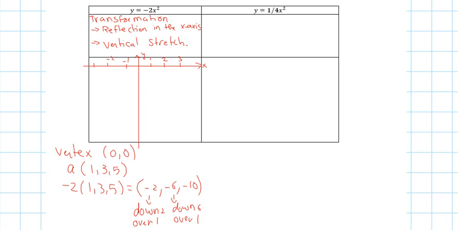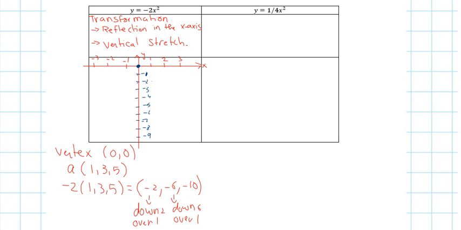Where's my vertex? 0, 0. Then it tells me I have to go down 2. So from the 0, 0, that's 1, 2 over 1. So I'm going to end up here.